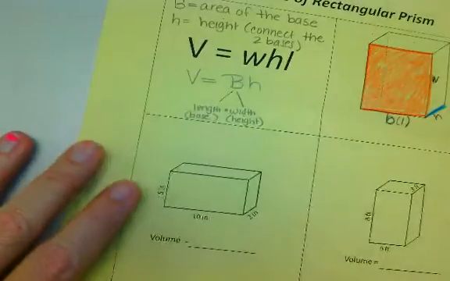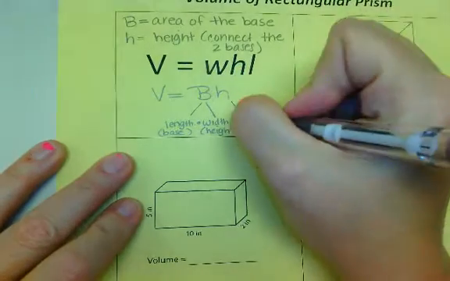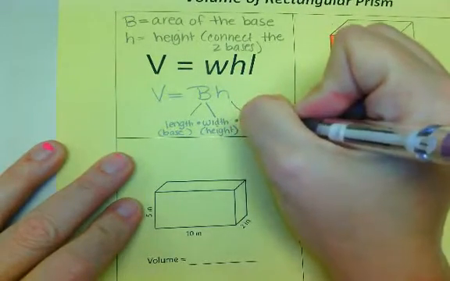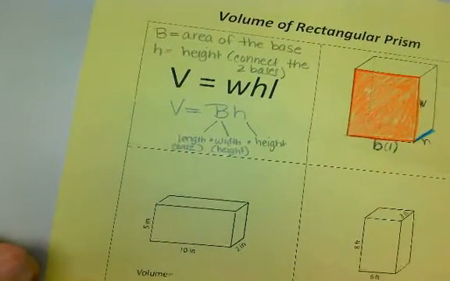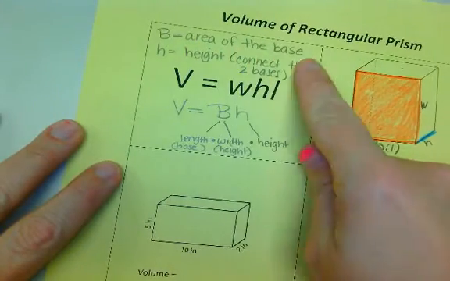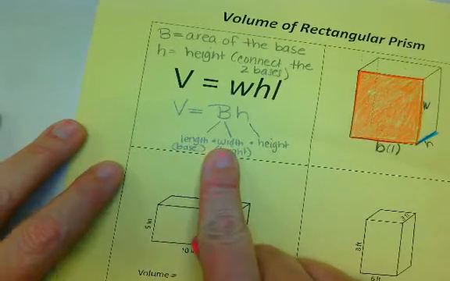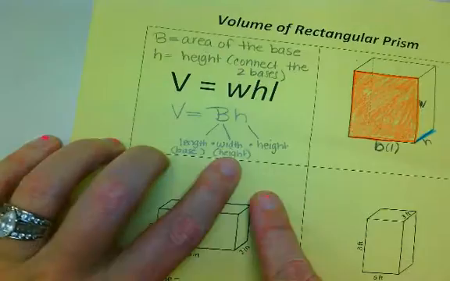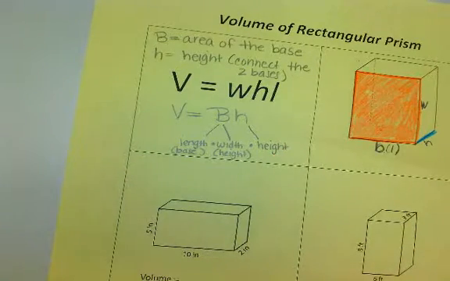Okay, so if you notice, guys, all we're doing is multiplying the three numbers they give you. That's it. Yes, it's the area of the base. My base is a rectangle, so that would be length times width. And then you multiply it times your height. So length times width times height. That is all we are doing.